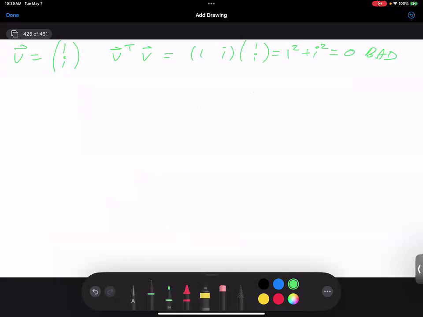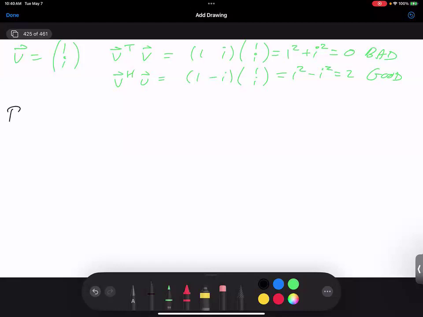What we do is we look at v Hermitian v, which would be (1, minus i) times (1, i), and now we would get 1 squared minus i squared, which is 2. And if you think about it, the vector (1, i) is kind of like going 1 unit in one direction and 1 unit in a perpendicular direction. Oh, that's my classic 1, 1, root 2 triangle. Yes, the length squared should be 2. That sounds good.